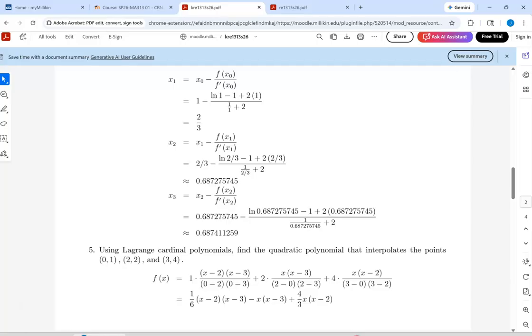Let's get this set up. This shows me you understand how to write the Lagrange cardinal polynomials to interpolate the polynomial. Simplify your fractions a little bit. That's it. Don't try to multiply it out as a nice-looking polynomial.